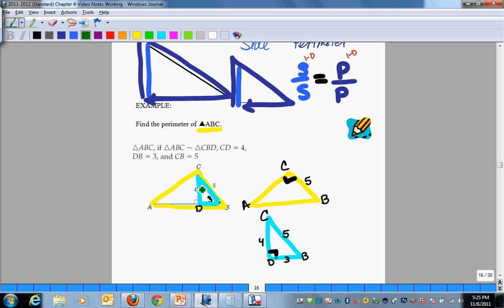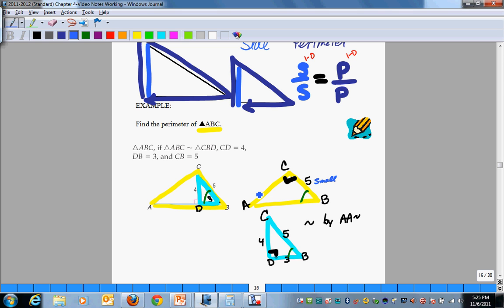If you look very carefully, the two triangles, the yellow and the blue, share that angle right there, angle B. So we can say these triangles are similar by angle-angle similarity. They at least have two angles congruent. Now, let's label our small, medium, large. In this triangle, this is our small side.